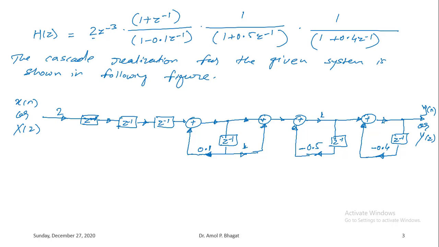Similarly here again this 1 plus this z inverse multiplied by 0.4 will be added here, and that will be the final output. So this figure indicates the cascade form realization of the given system. Okay, so this is how you will be obtaining the cascade realization, right?